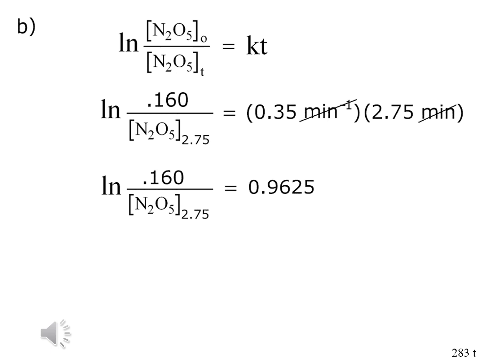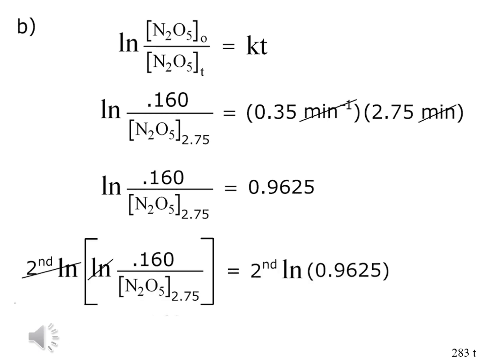We can't solve for it, though, as long as the ln is in front, and so we have to get rid of the log. We've already solved this equation with log in pH problems, and so we're going to do the same thing, except that this time we're going to take the second ln.